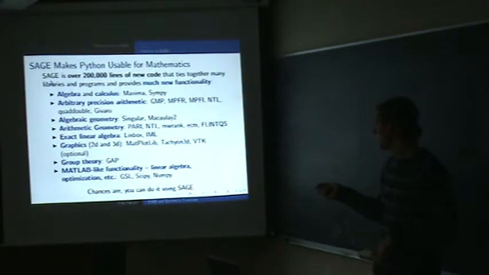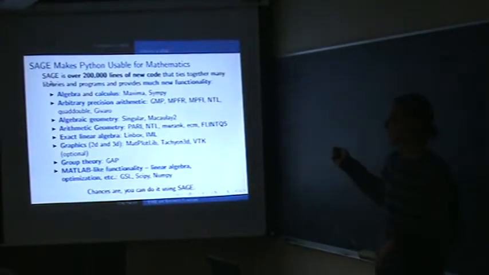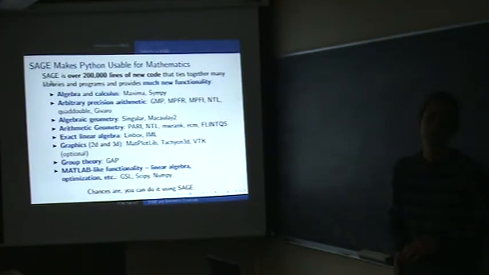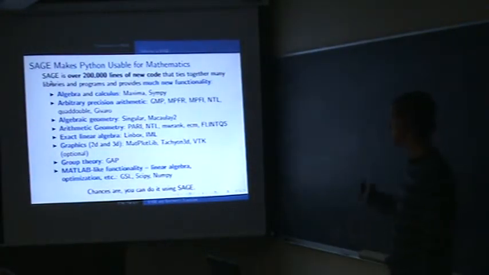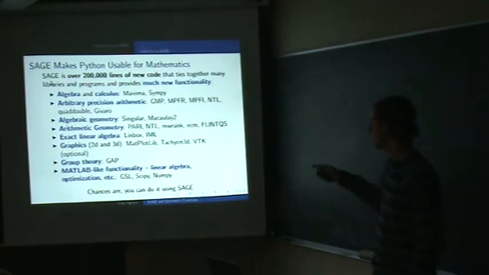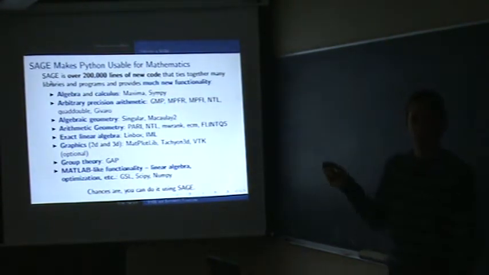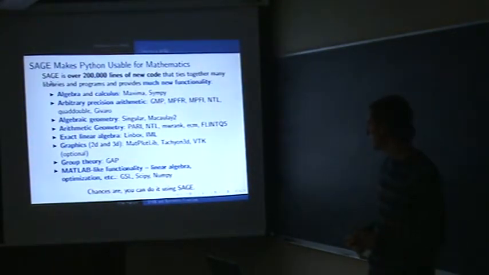Sage includes Singular and Macaulay 2. Macaulay 2 is an optional package which provides a lot of functionality for algebraic geometry. Exact linear algebra, group theory, Sage includes GAP, and so anything GAP can do, you can get its functionality through Sage. And then also there's some numerical stuff.